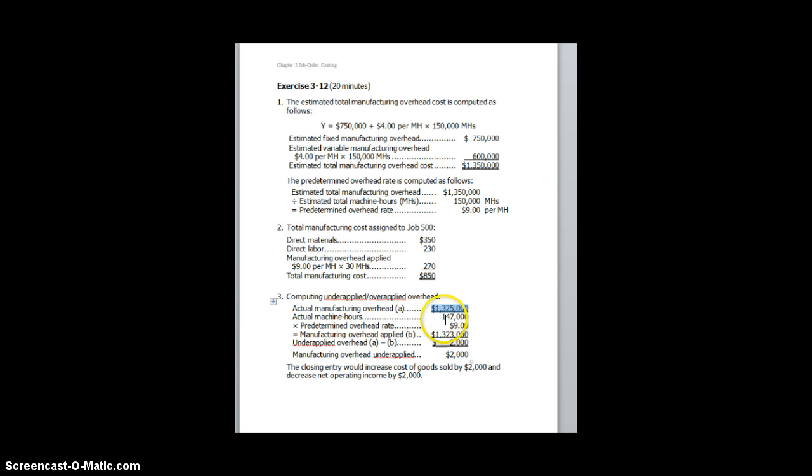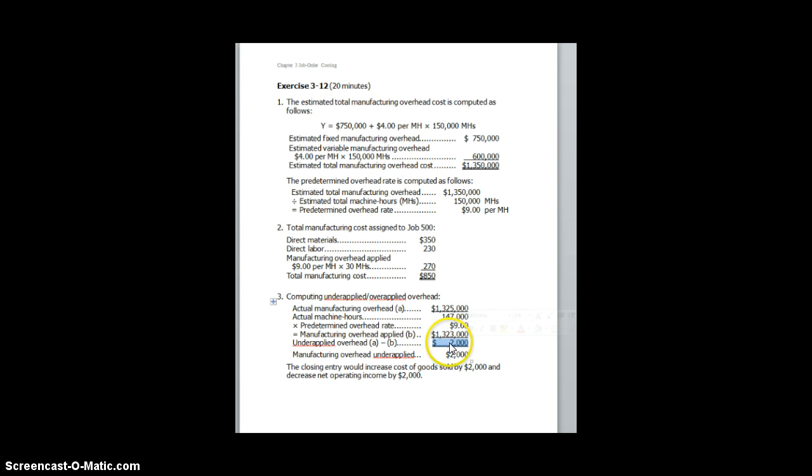The overhead that would have been applied would have been the 147,000 machine hours multiplied by $9 of predetermined overhead rate, to give you $1,323,000 of manufacturing overhead applied. This manufacturing overhead applied of $1,323,000 compared to the actual manufacturing overhead of $1,325,000, we would have underapplied overhead for the year by $2,000.